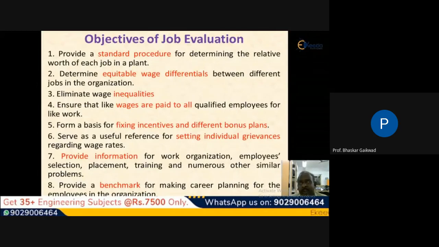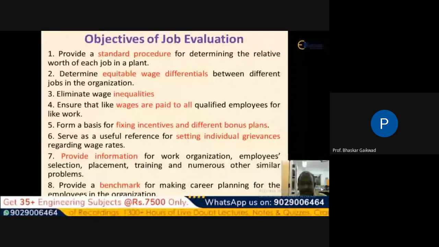If some job has a relatively low worth compared to other jobs, then I have to know the drawbacks, what the problem is in doing that job. Then I should go for either training or some education policies for the labor, stating that this is where you lag, so you have to improve.